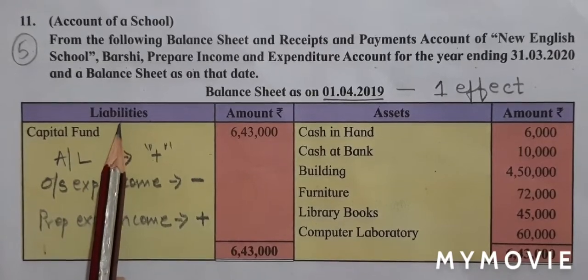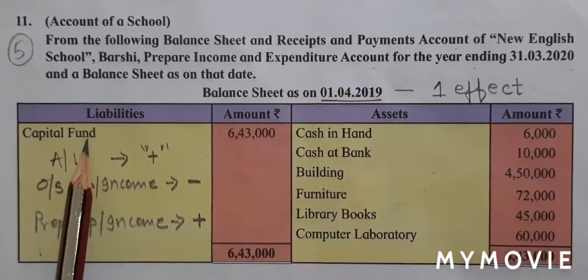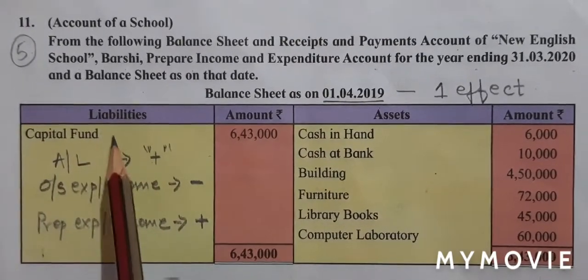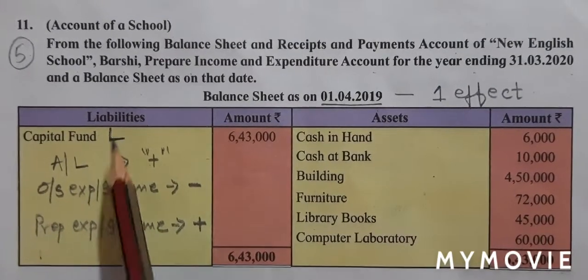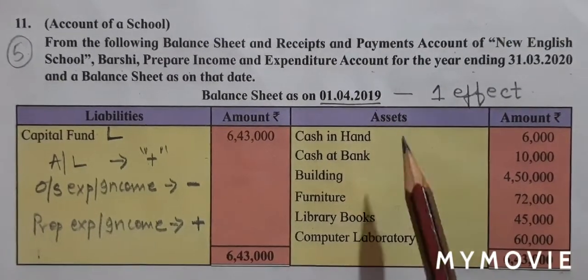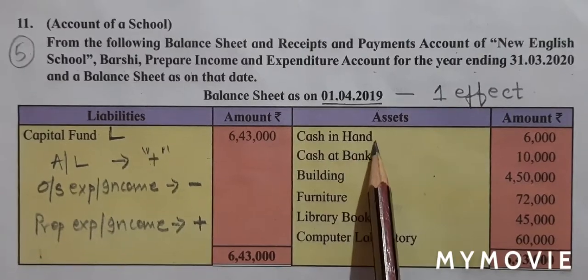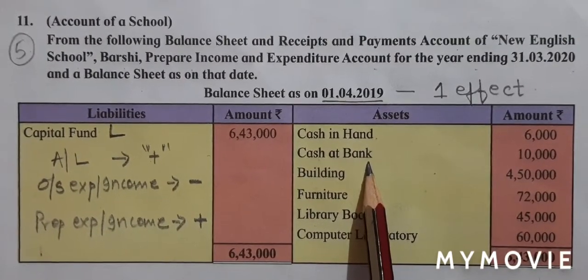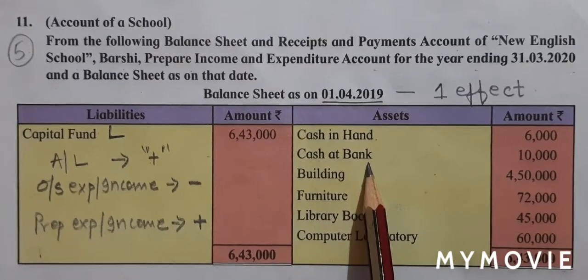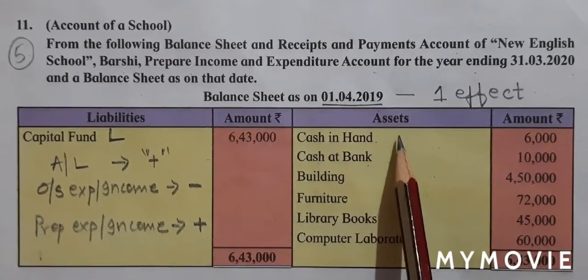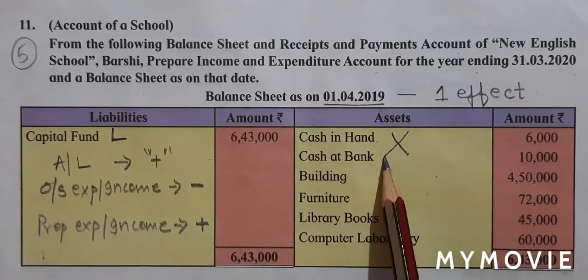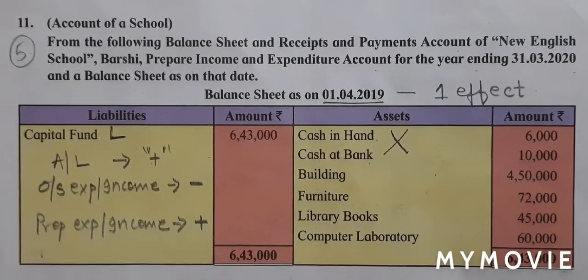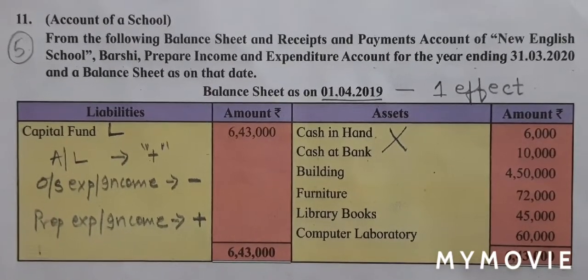On the liability side, we have capital fund. It's my opening capital. This will be written directly on the liability side. Asset side, I have cash in hand and cash at bank. This is my opening balances of cash in hand and cash at bank. Students, as mentioned to you, opening balances of cash in hand and cash at bank we do not consider.